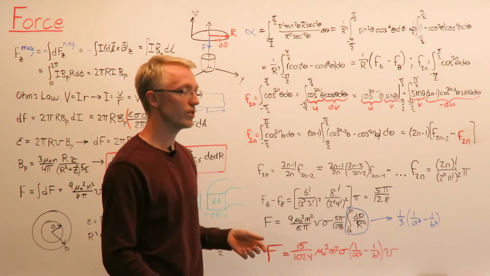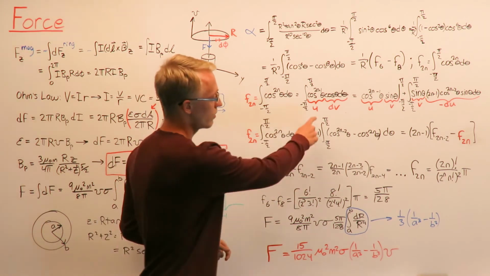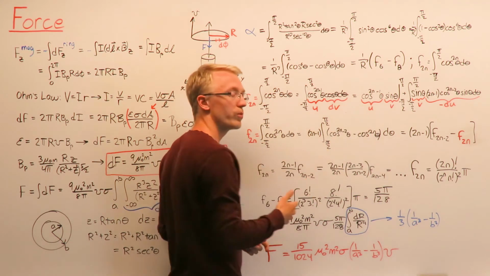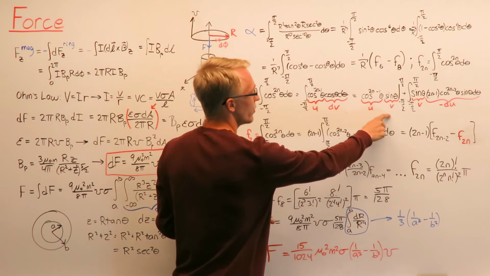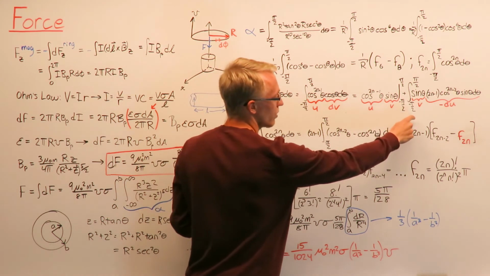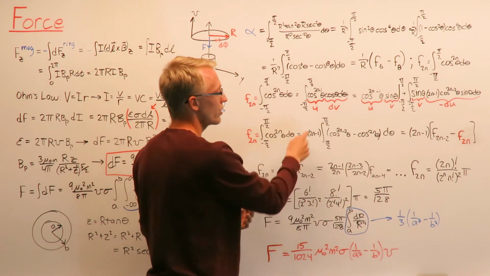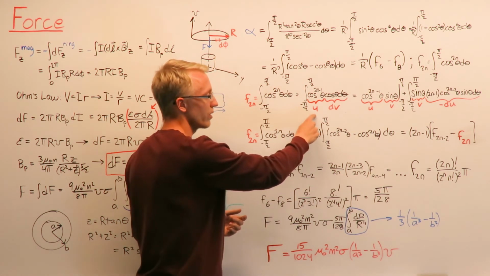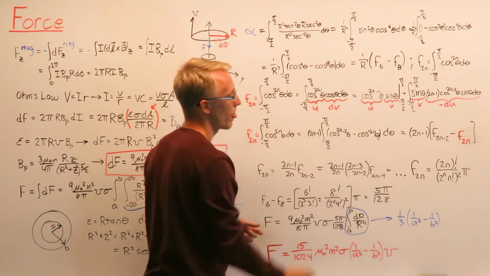As a reminder, integration by parts states that the integral of u dv is equal to uv minus the integral of v du. Here, we're going to say that u is equal to cosine to the 2n minus 1 theta, and that dv is equal to cosine theta d theta.